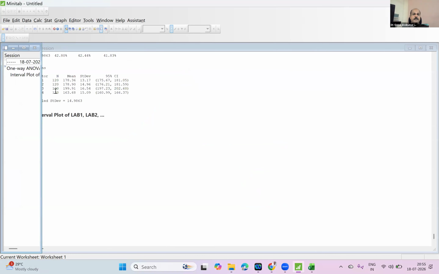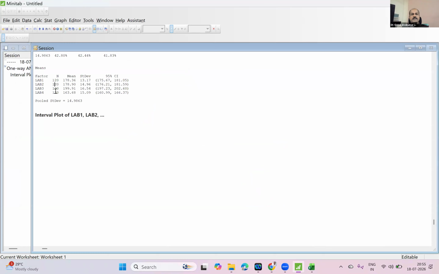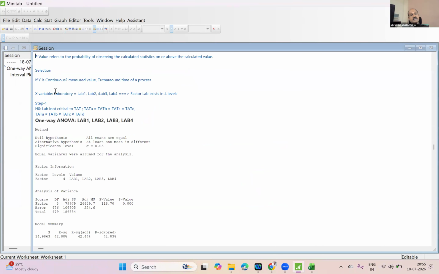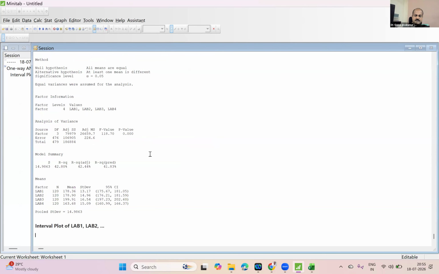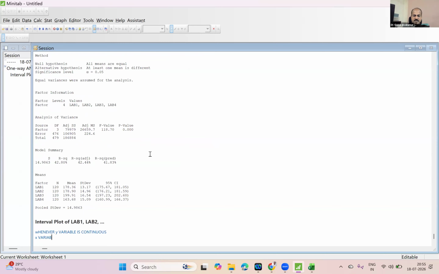I'll tell you when to exactly go for ANOVA. You go for ANOVA whenever your y variable is continuous. See here, written here: y variable is continuous and your x variable is discrete, or sometimes we call them attribute also, with 2 or more levels.